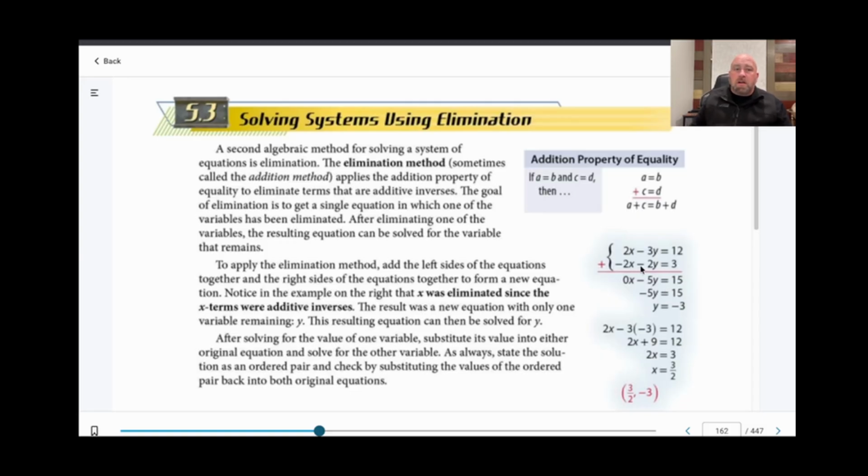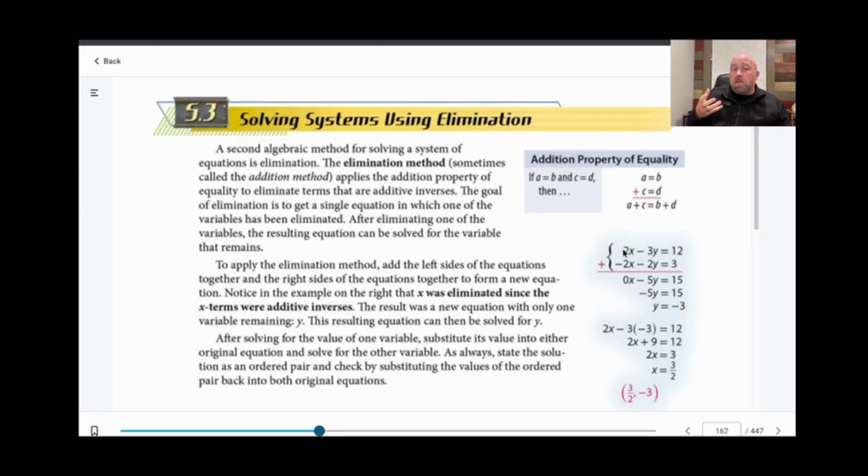So here's our system of equations. 2x minus 3y equals 12. And then minus 2x minus 2y equals 3. If you look right here, if we combine these equations, if we add them together, what happens is there's an elimination of the x term.